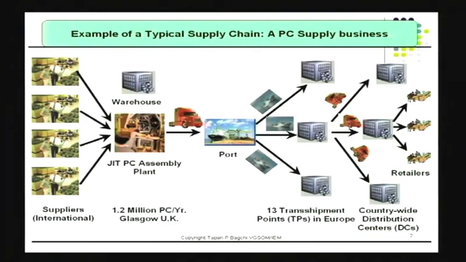So to begin with, let me give you an idea of what a supply chain really is. A supply chain starts with raw materials in many cases. It starts with some very basic input material, and the objective finally is to deliver products which are directly usable by consumers. That's the goal.